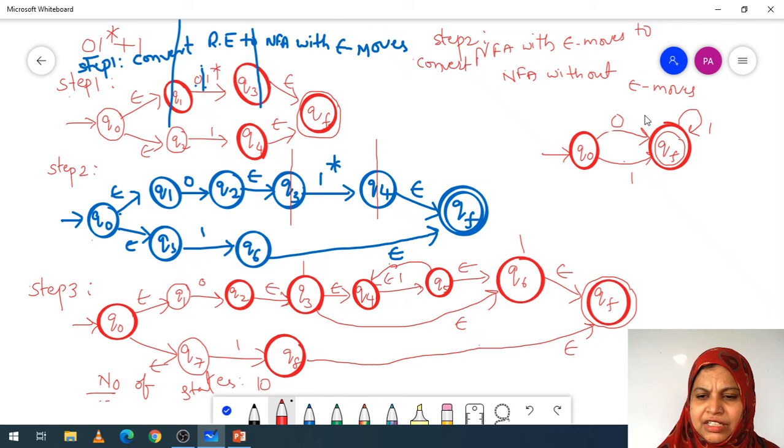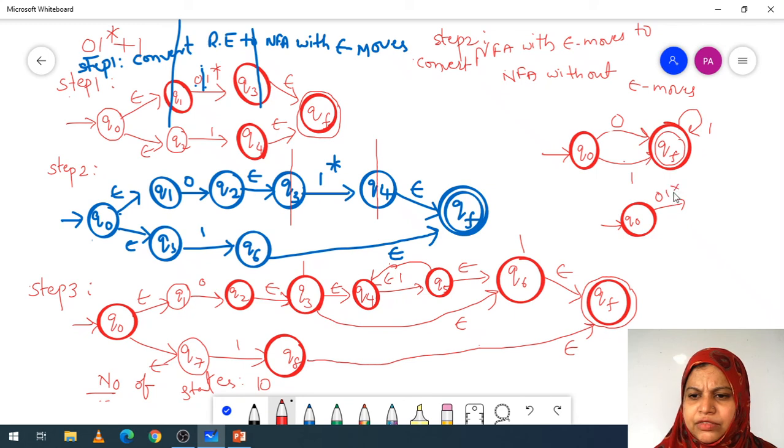Here, how am I going to convert this one? Directly I am writing 0 and 1; instead, you can write in this format also. Q naught, 0 1 star, QF is there. This is 1.